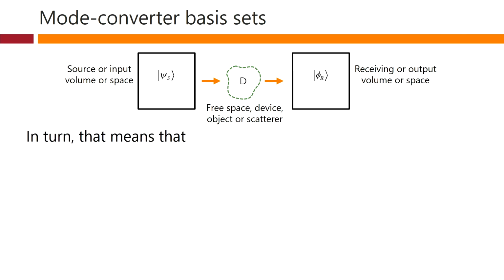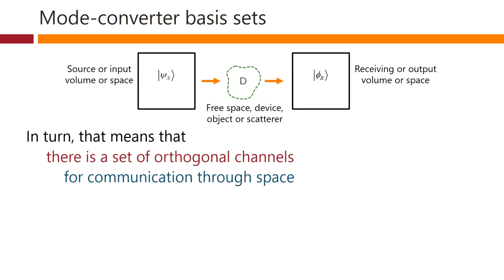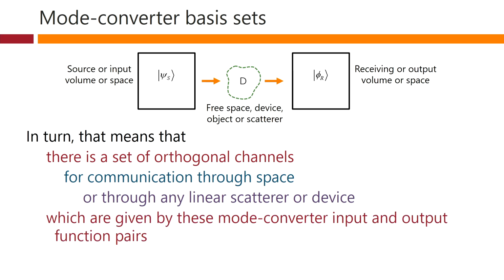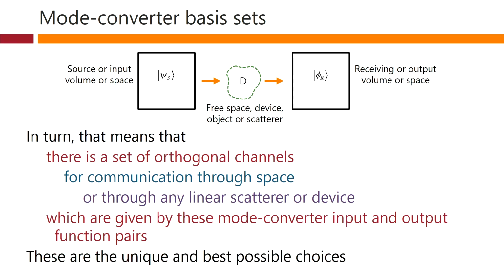In turn, that means that there is a set of orthogonal channels for communication through space, or even through a device or scatterer, which are given by these mode converter input and output function pairs. These are the unique and best possible choices.